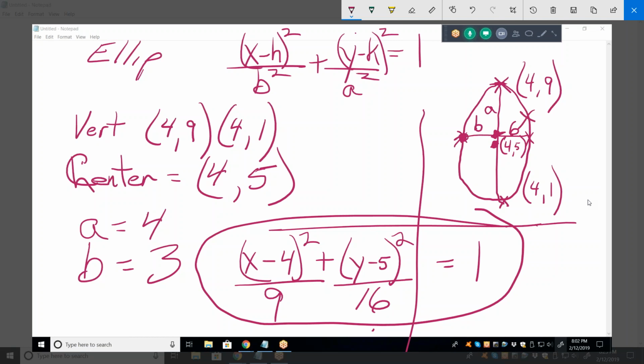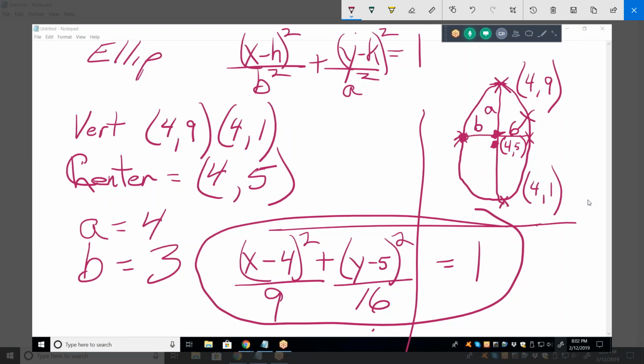If I said, is the point 10, 11 on that ellipse, well, you would substitute 10 for x, 11 for y, and see if you have an equation. Now, clearly it's not on there, but we do know a point that's on there, 4, 9.